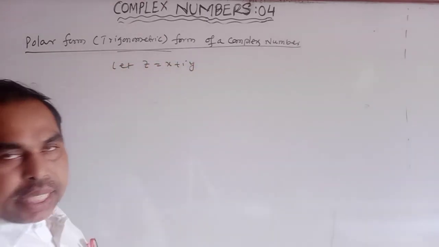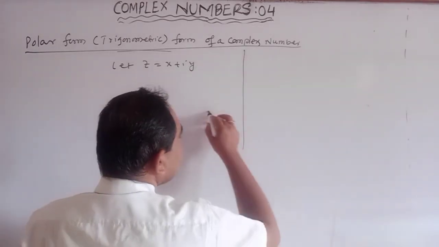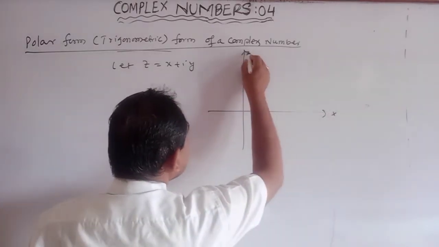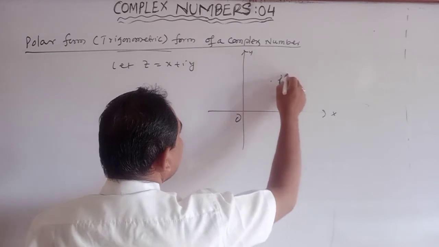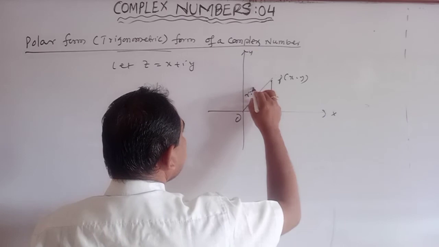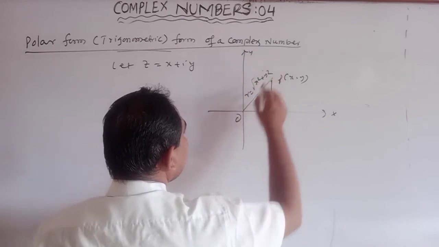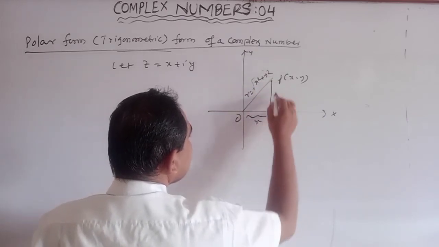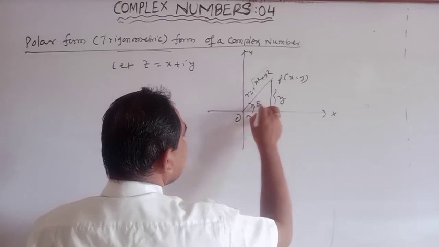So z is equal to x plus iy means we can write in the Argand plane, this is x, this is y, this is the origin, point P having coordinates x comma y, this is OP. So r is equal to root over x square plus y square, this is OM, this is x, this is y, and this is theta.